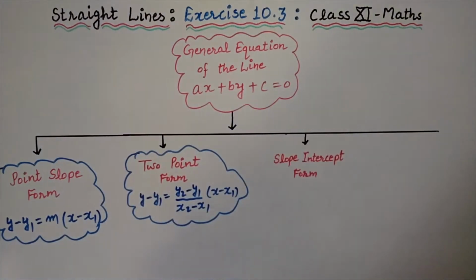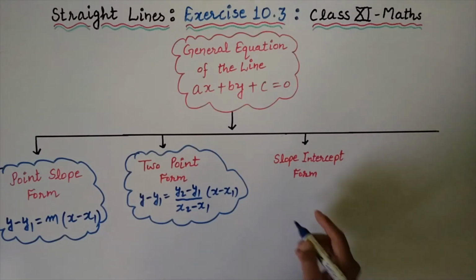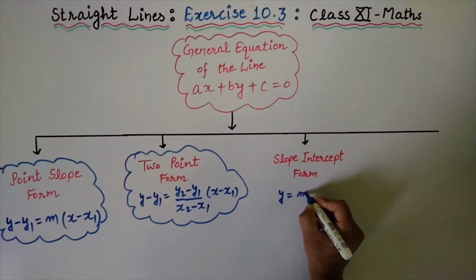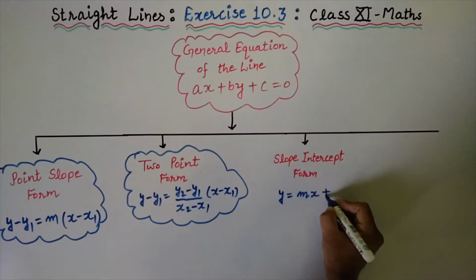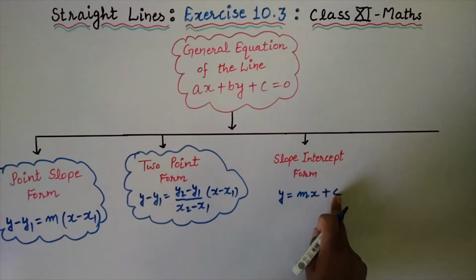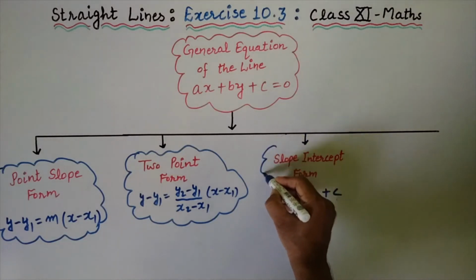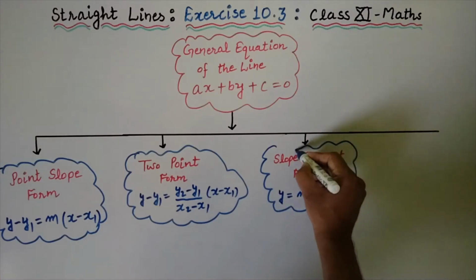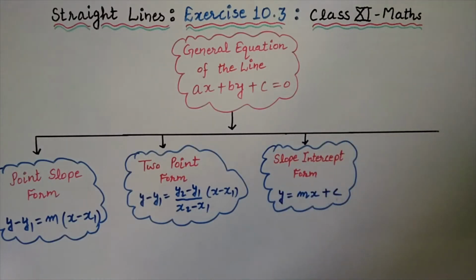Third one is slope intercept form. What is this? This is written like this: y is equal to mx plus c. M is the slope, c is the intercept. So this is the third form of the line, slope intercept form.